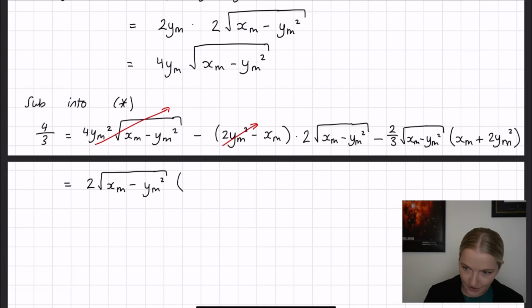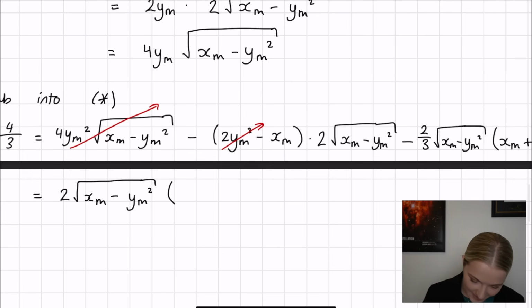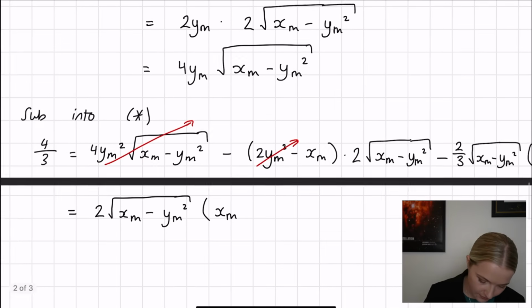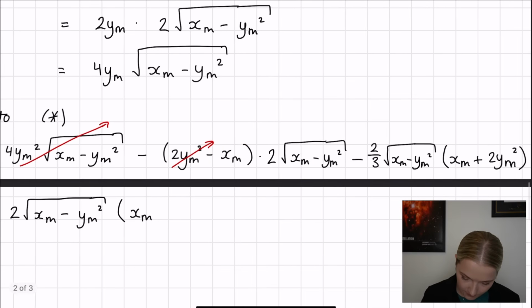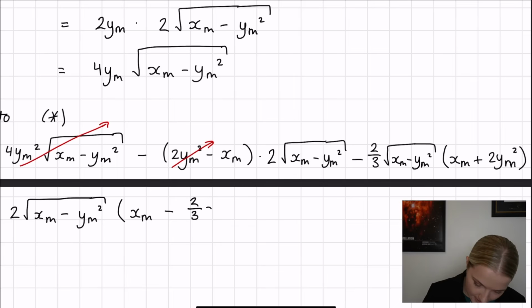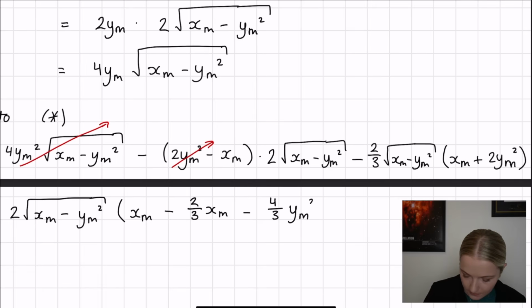What would we have here? We'd have xm, which we see here. So this is again 4 over 3, equals this. We have the xm, then we would have the minus 2 over 3 xm minus 4 over 3 ym squared.